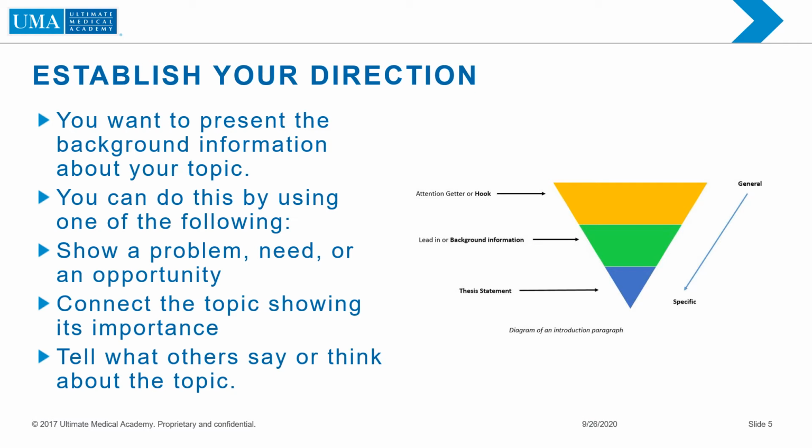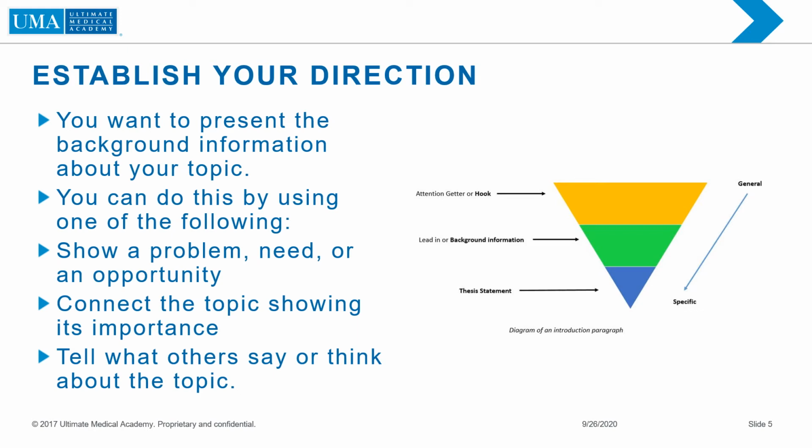All right, this is where we can talk about some background information where we are showing what the problem or need or an opportunity is, depending upon the topic we have. We can connect the topic, showing its importance. Okay, we can connect it possibly to things that may be happening in our world.